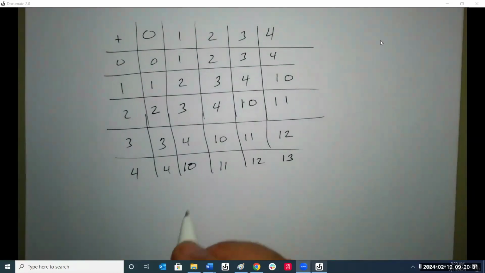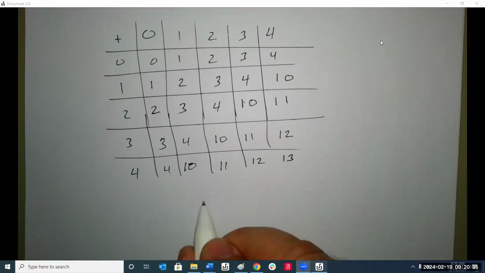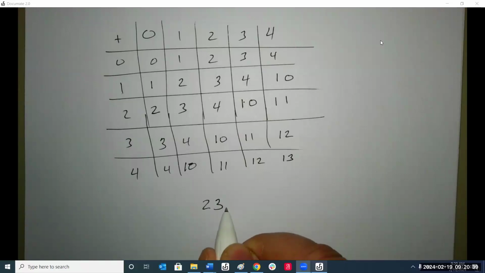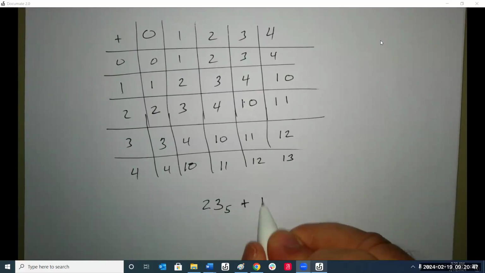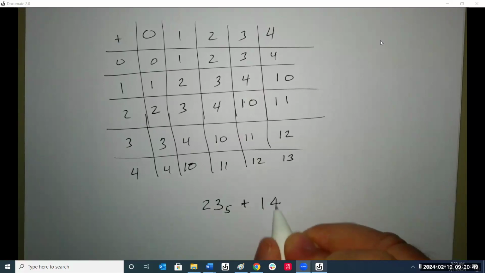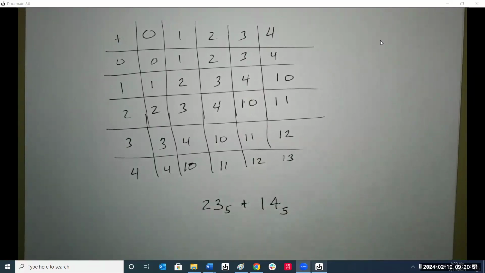So if I gave you two numbers in base 5, for me to write something in base 5, I'll have like a 2, 3. It's not 23. It's 2, 3 base 5 plus 1, 4 base 5.